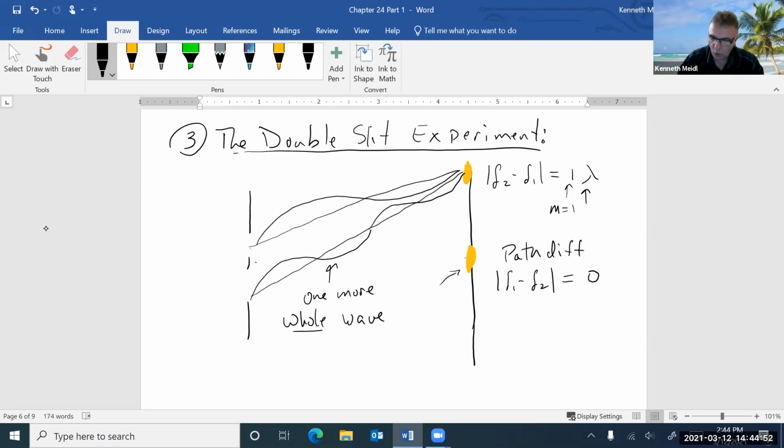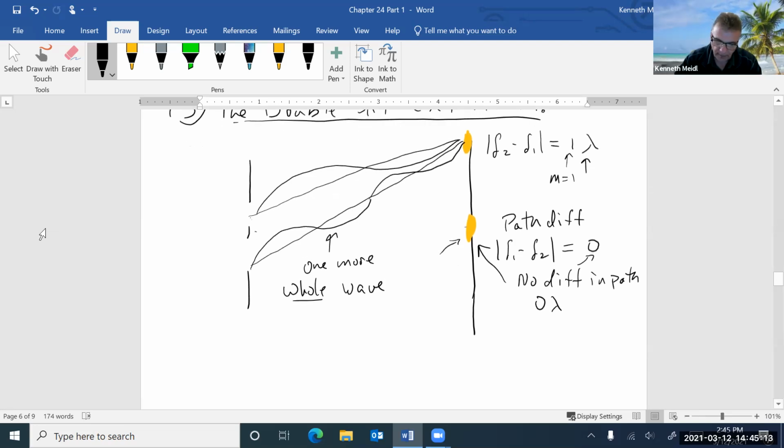One whole wave difference. Here, when I say here, that spot, there is no difference, zero difference in path. And so I have zero wavelengths difference into that spot.